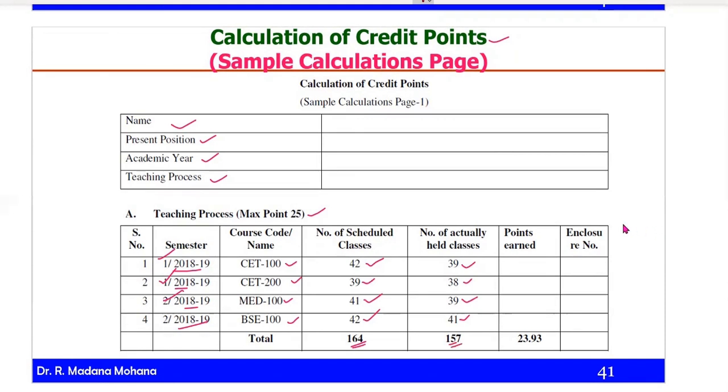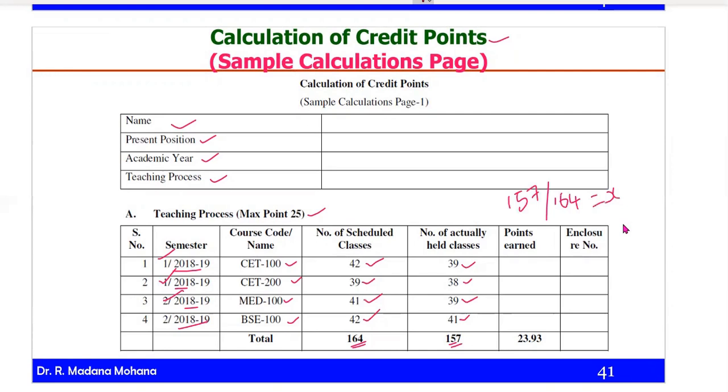So here, how to calculate these points? Total actual classes 157 divided by total scheduled classes 164. So here you will get some X value.